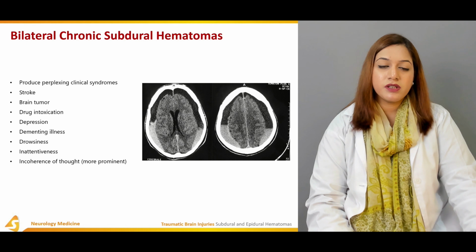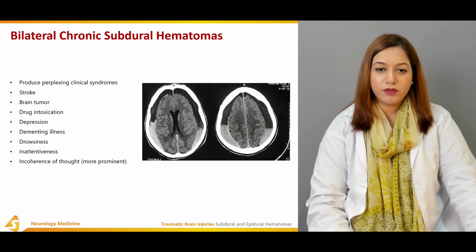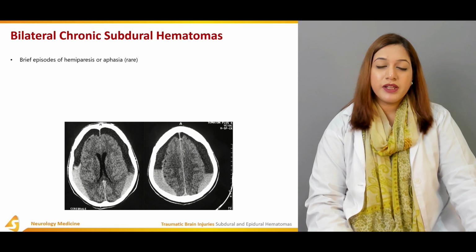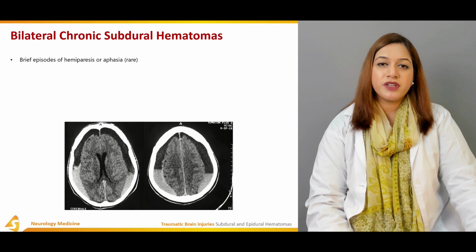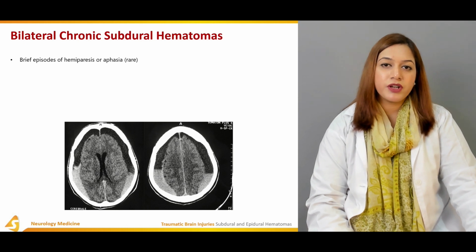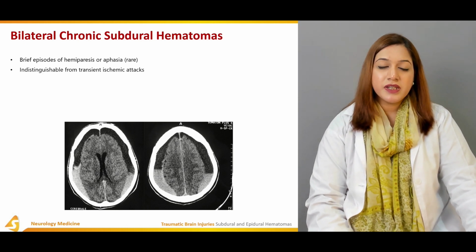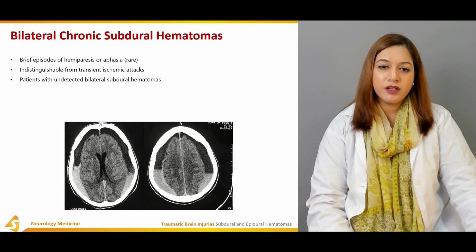In all these, these features are more prominent as compared to focal signs such as hemiparesis. There will be brief episodes of hemiparesis or aphasia, but it is very rare in case of bilateral chronic subdural hematomas. It is indistinguishable from a transient ischemic attack.